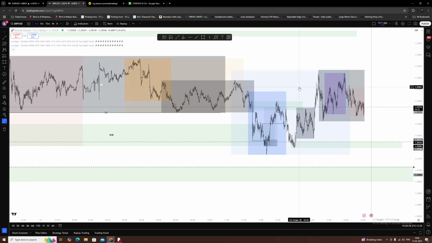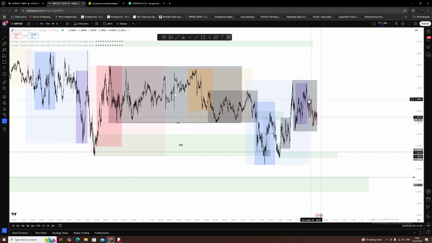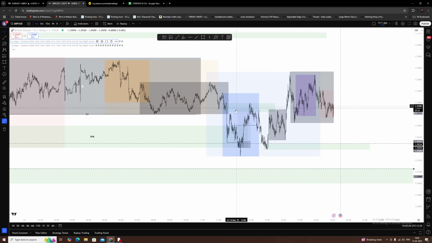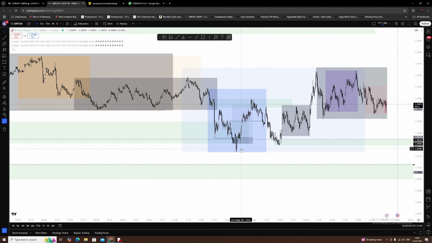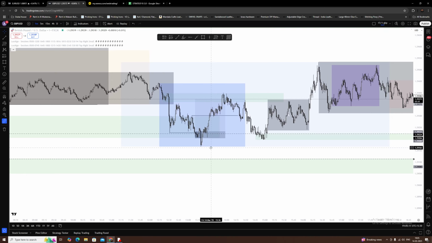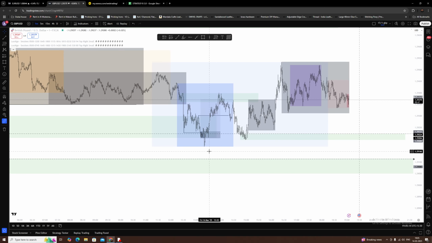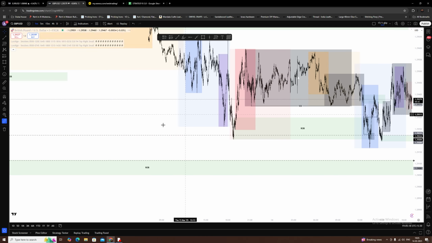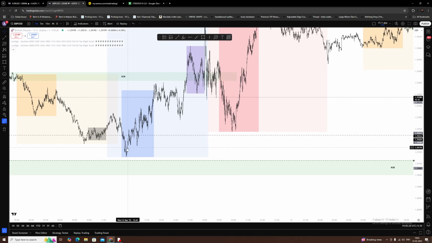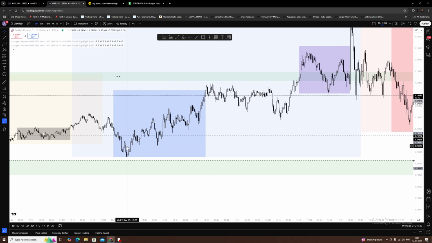In GBP USD we have something similar. We already had the morning accumulation, but then our order block didn't work out for some reason. It's okay. It did not tap here, it just moved, but by this order block that had just a very small fair value gap, so I did not consider it.